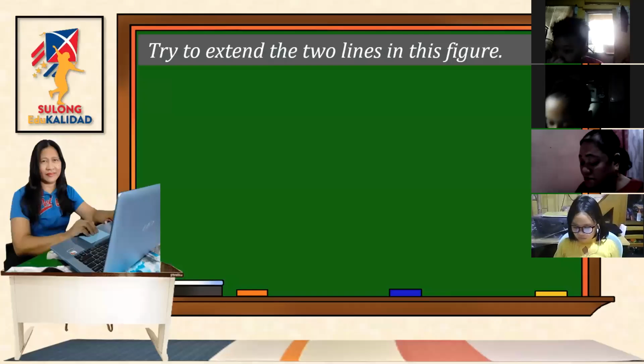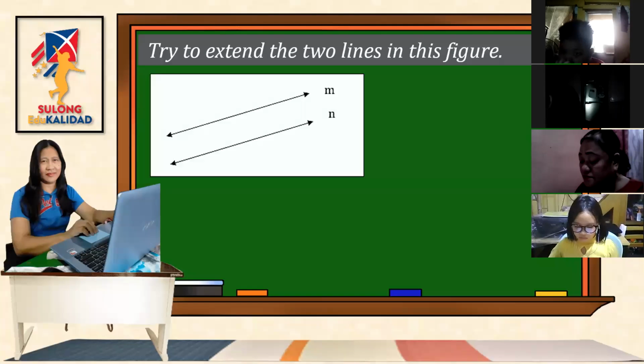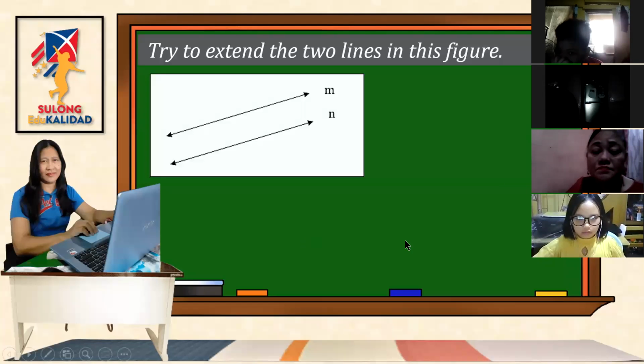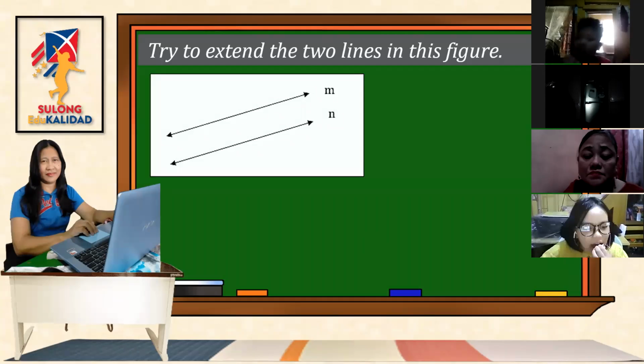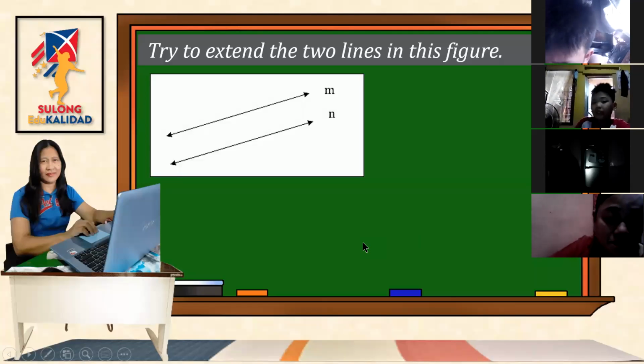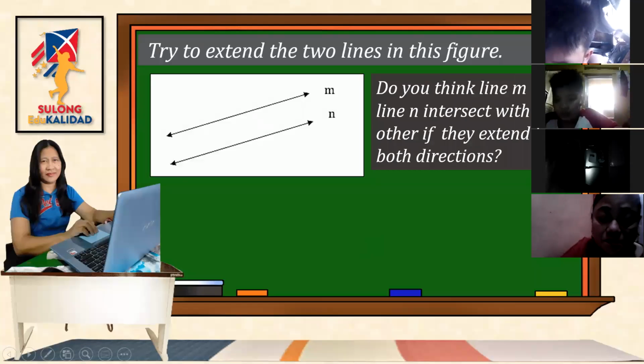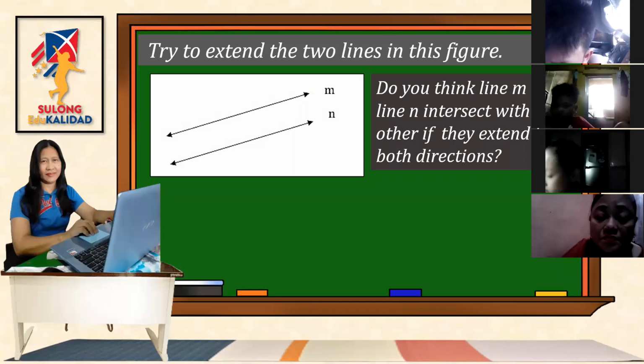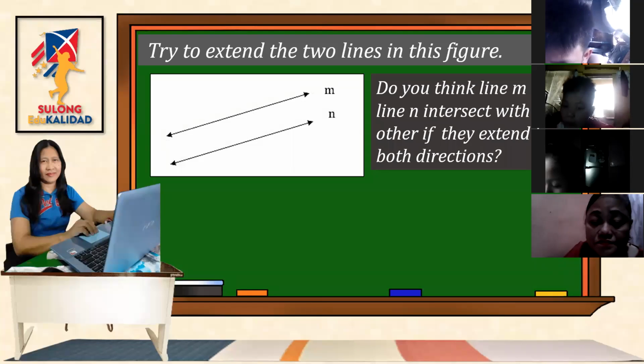Okay, continue. Look at the next figure. How many lines do you see on the screen? Dalawa po, ma'am. Yes, line M and line N. Mayroon akong puzzle dyan na tanong sa inyo. Please read.